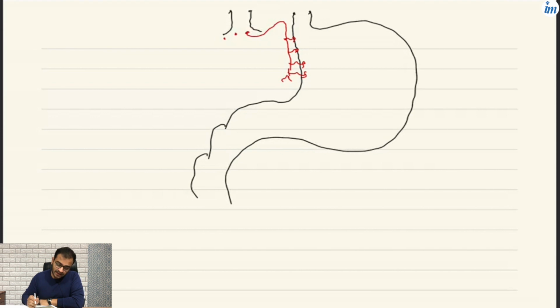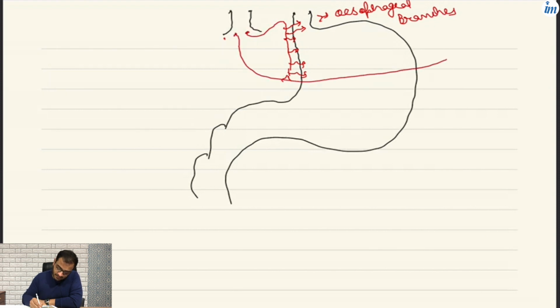And from the left gastric artery we have more branches, known as esophageal branches, which supply the lower part of the esophagus. So the first branch is the left gastric artery, which supplies the upper part of the lesser curvature of the stomach. The second branch of the celiac trunk is the splenic artery.